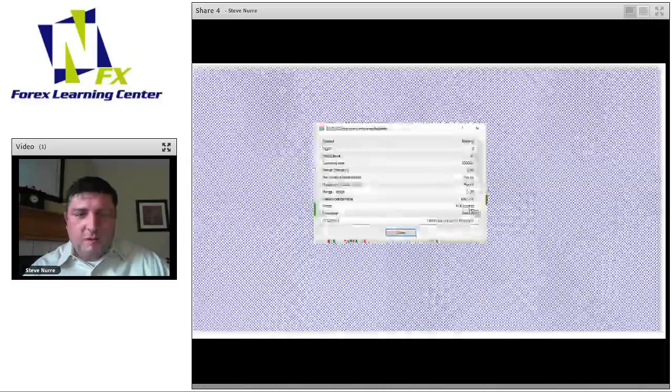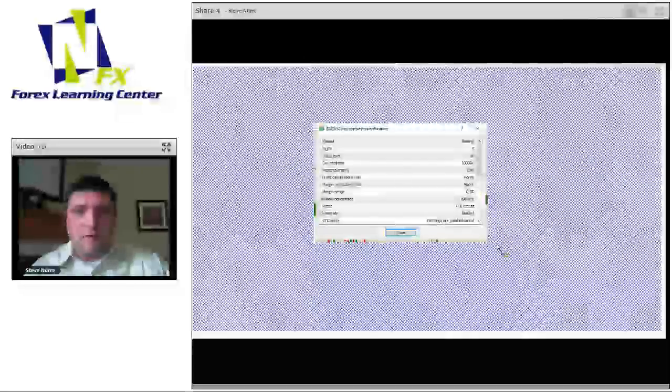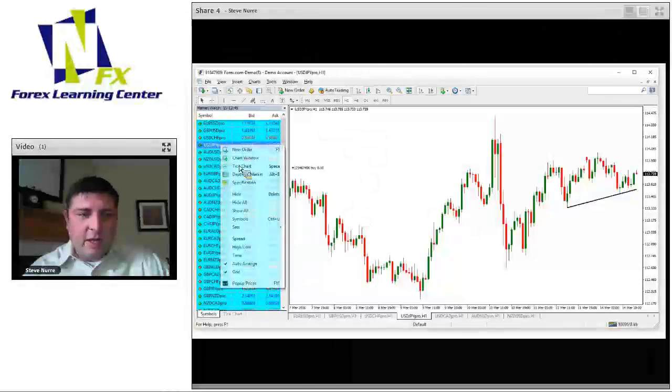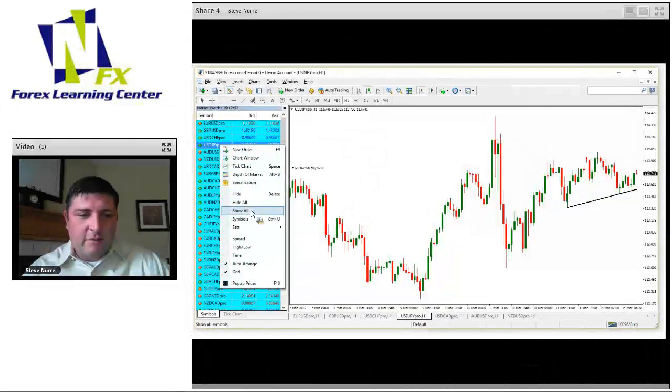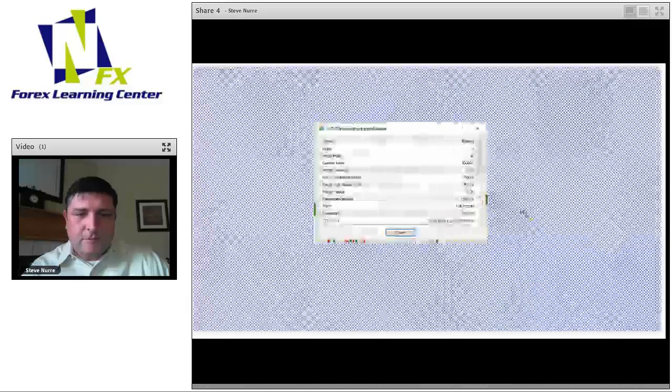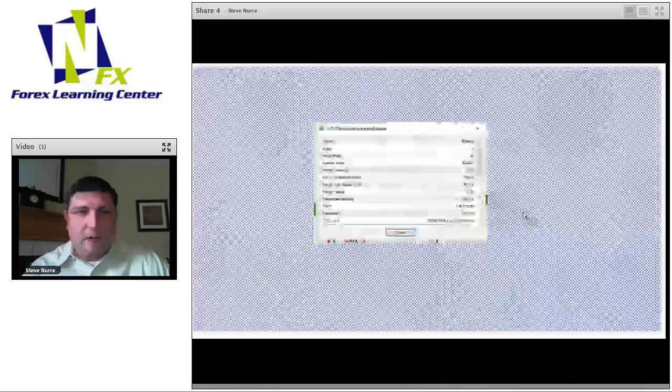The margin percentage telling me that I can use 100% of my 50-1 leverage. When it's set at 150% on this dollar yen, that means I have to put up 1.5% of my margin calculations, if you will. So that's where it can change from broker to broker.